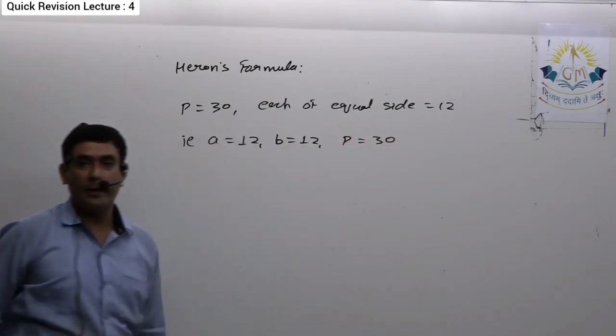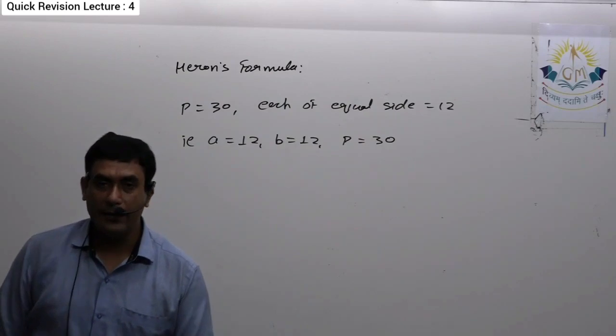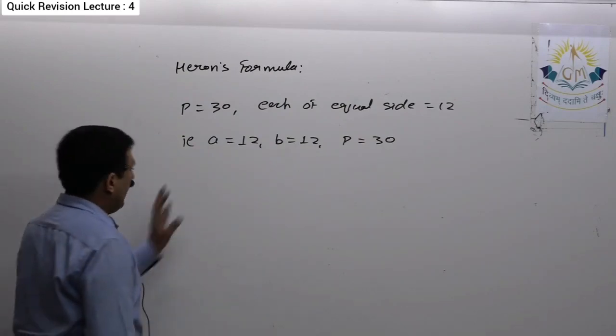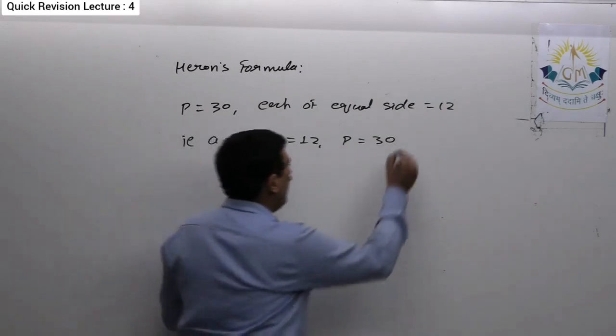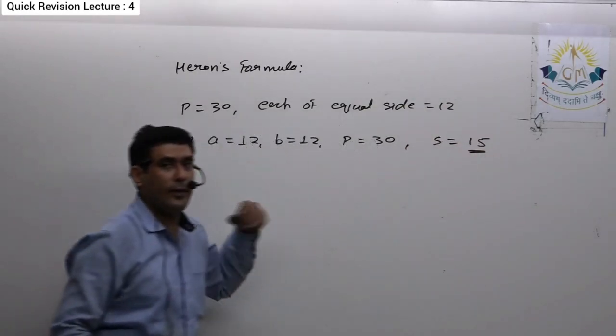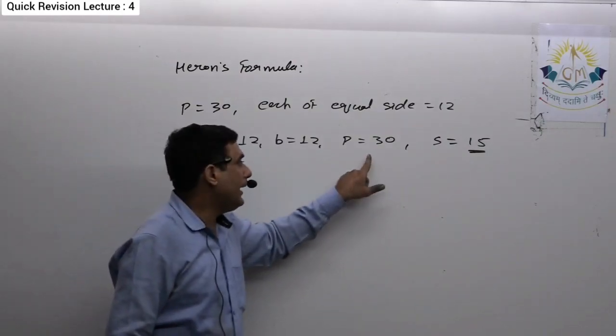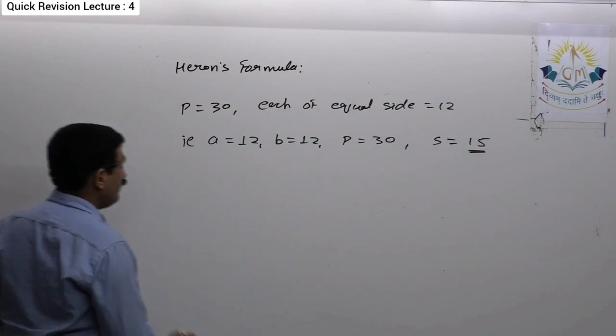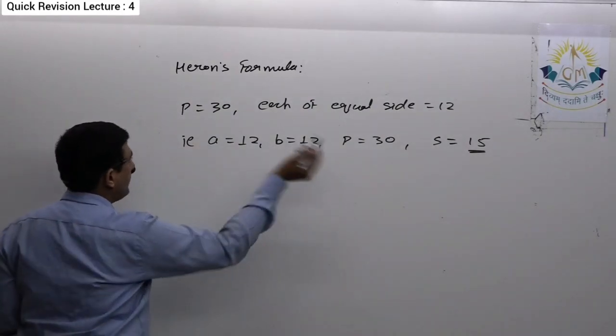Now to get the area of the triangle, what I need extra is the semi perimeter and the third side. As the perimeter is given, I can find S directly, it will be 15, which is half of this. Even though I do not have the value of C, I can get the value of S because the perimeter is given.